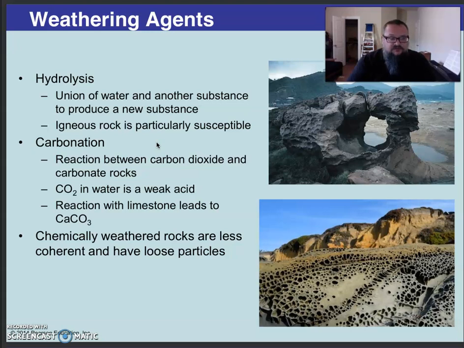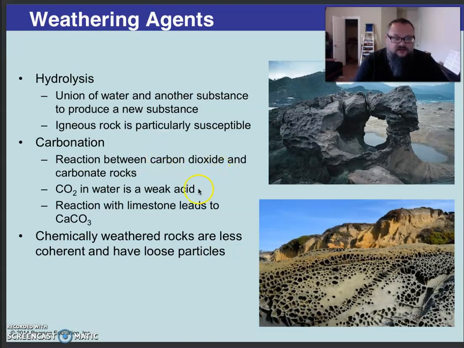So whenever it rains, there's carbon dioxide in the rainwater, and the rock reacts chemically with that carbon dioxide. Whenever you have carbon dioxide in rainwater, it's naturally occurring, but it forms a very weak acid. It's called carbonic acid, and again, it's natural. Nothing to be worried about. It's not acid rain or anything like that.